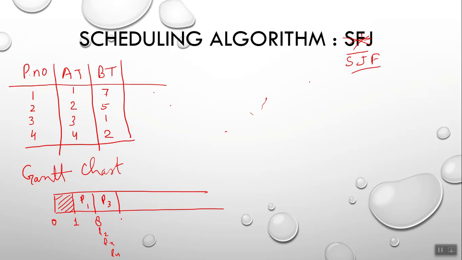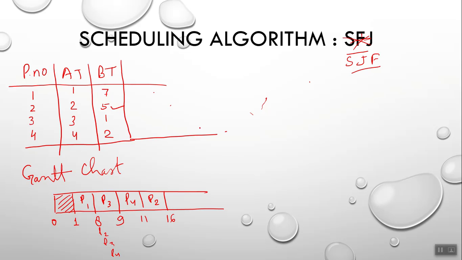So P3 will execute, and that will take us to 9. Then P4 will execute because its burst time is 2 here, and that takes us to 11. After that P2 will execute, which will take us to 16.